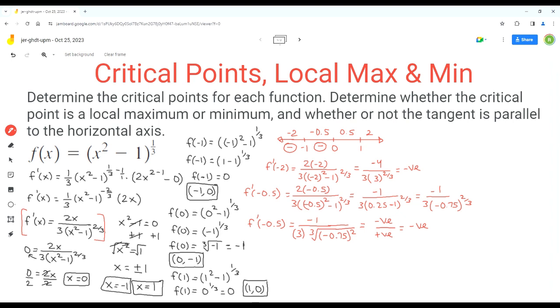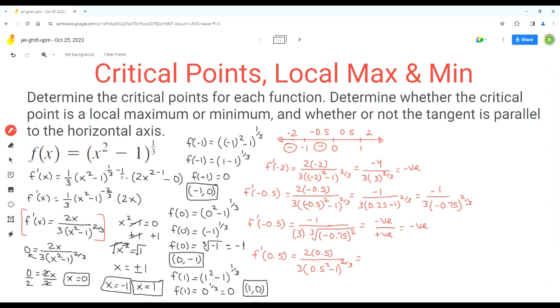Now we have to analyze the prime of f between 0 and 1. So we'll sub in the test value x as positive 0.5. So prime of f at 0.5 equals 2 times positive 0.5 over 3 parentheses 0.5 square minus 1 exponent 2 over 3.